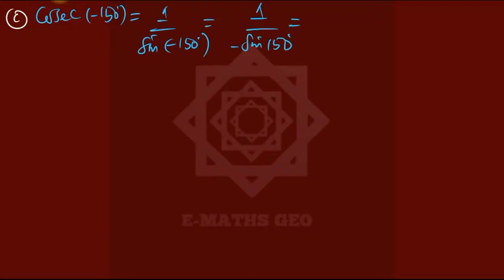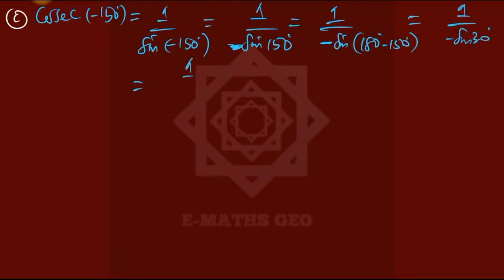And since 150 is in the second quadrant, sine is always positive. But remember the former sign, the one we brought out, we put it, and we subtract it from 180. So we now have 1 over minus sine 30. And sine 30 is half. So I have 1 over minus 1 over 2. So the answer is minus 2. So this is for negative identity.